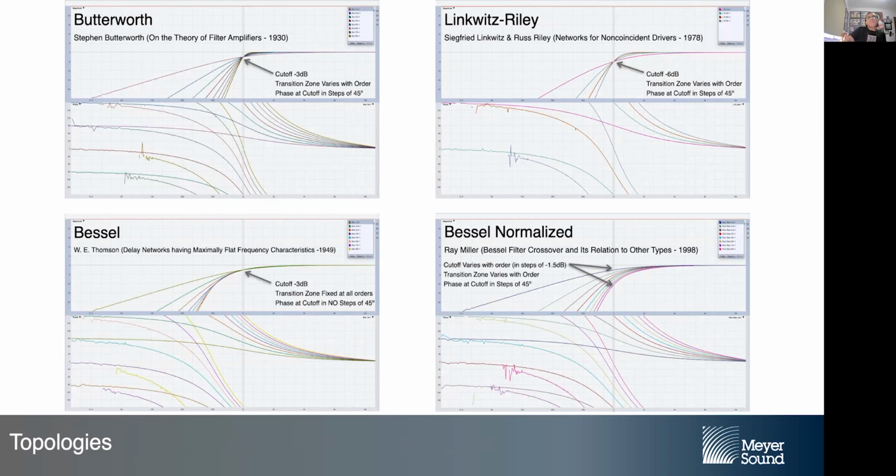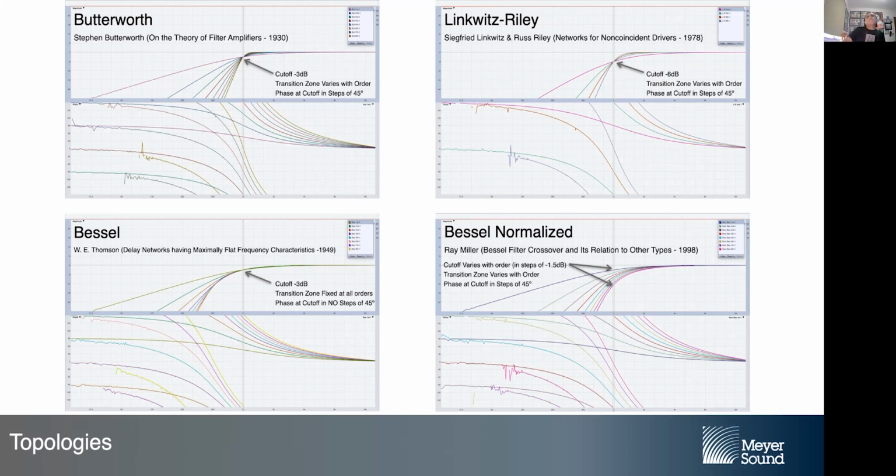The typical topologies that we can see in historical context start with Butterworth, from 1930, then Bessel from 1949, then Linkwitz-Riley from 1978, and Bessel normalized from 1998.